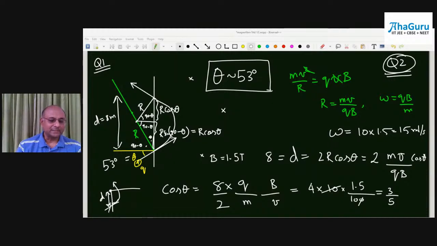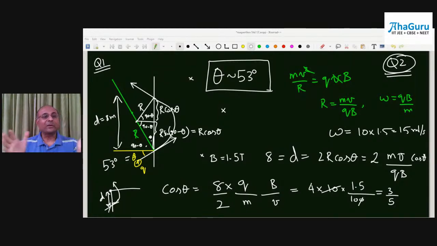Vaishnav Sudesh has asked, will the force due to magnetic field do work when charges move in a helical path? Never. Never. Okay. Because remember that V is perpendicular to the force. Now, if you say it is perpendicular to V tangent, V perpendicular, it is also perpendicular to V parallel because it's perpendicular to B. Force is perpendicular to B. The helical path, the V parallel is also in the direction of B, right?